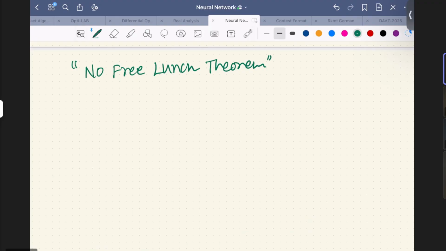I can say something like all models are bad, but some of them are useful. All models in the world are bad, but some of them are useful. So that is what this theorem says.